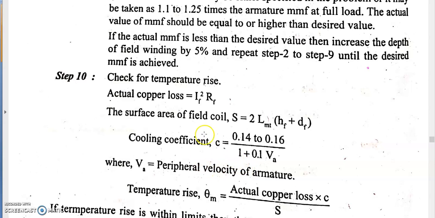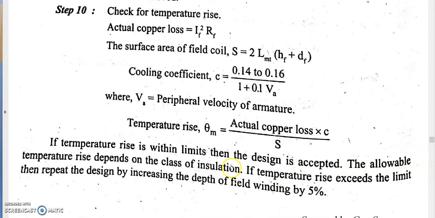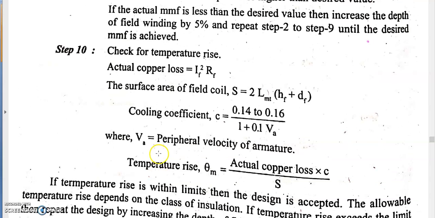The temperature rise has to be within a particular limit that will be given in the problem. If it is not satisfied, the heat dissipation surface has to be increased. For that, again we increase the depth of the field winding. If the depth of the field winding is increased, the heat dissipation outer surface will increase, so that the temperature rise will be within the limit.